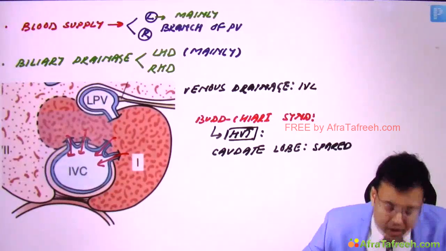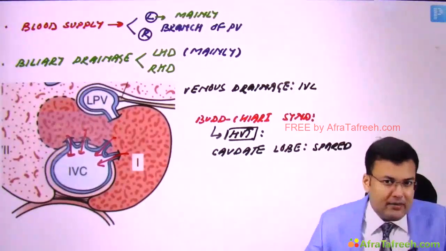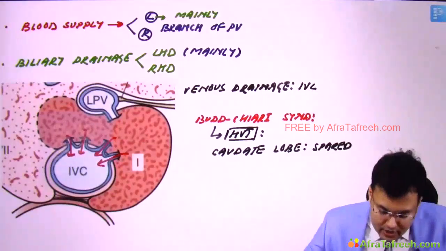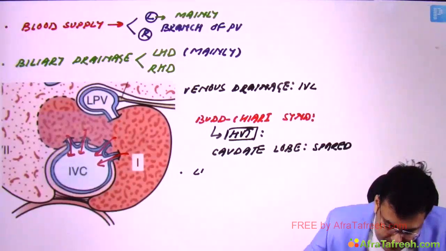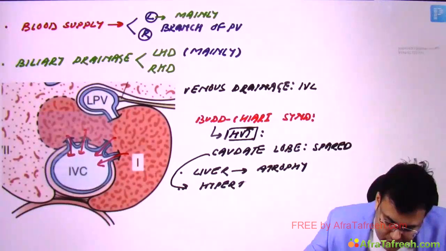Over a period of time, the whole liver is atrophied. But what will happen to caudate lobe? It is hypertrophied. So the rest of the liver segments are atrophied, but the caudate lobe is hypertrophied.